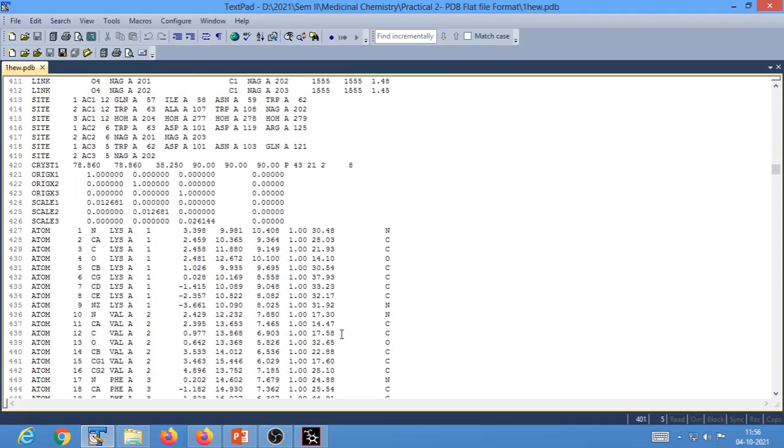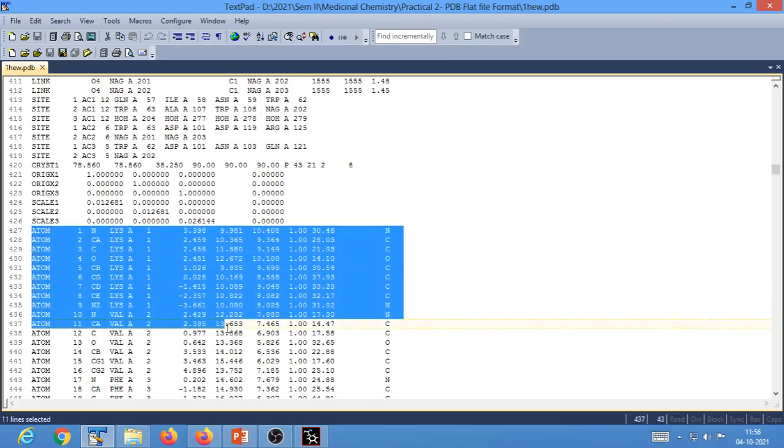And let us now begin with another section of your protein file, and this is the very heart of your PDB file. We call it coordinate information.